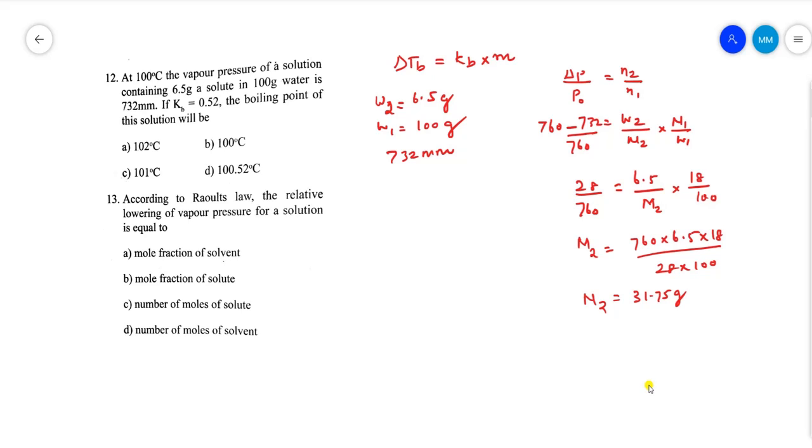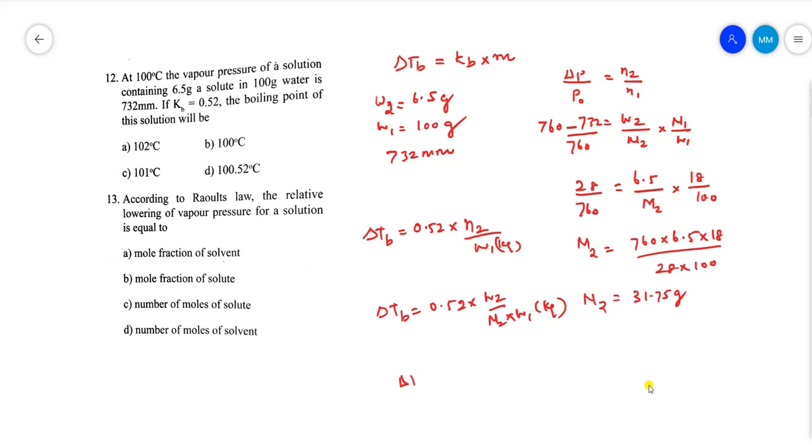If M2 is known, you can calculate the del Tb, that is the change in temperature of the solvent and solution. Kb is given, 0.52, and in place of molality you can write the number of moles of the solute divided by the weight of the solvent in kg. By expanding, del Tb is equal to 0.52 into N2 expanded as W2 divided by M2 into W1 in kg.